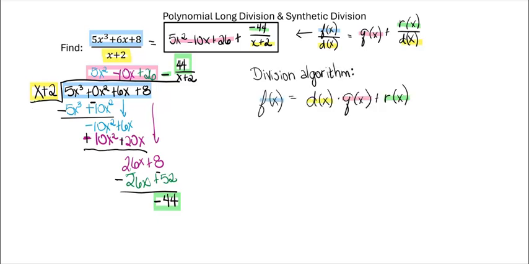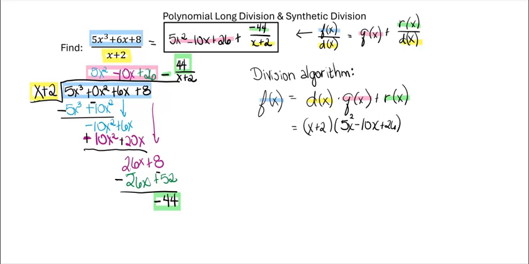Another way of looking at this is you can say that your function is equivalent to the divisor, which is x plus 2, times the quotient, which is what we found. It's the answer to a division problem. 5x squared minus 10x plus 26.